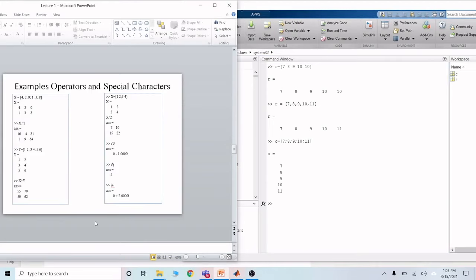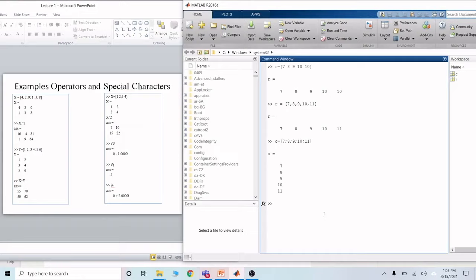Now, for example, this. I clear the workspace and clc. X equals 4, 2, 9, semicolon. This is the first row, and the second row is 1, 3, 8.